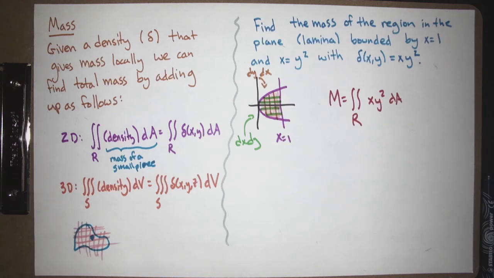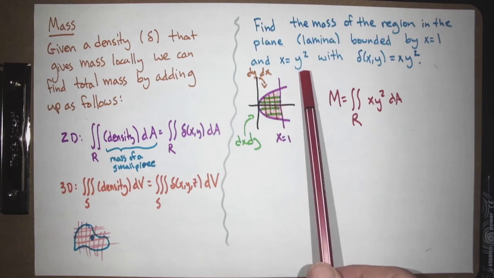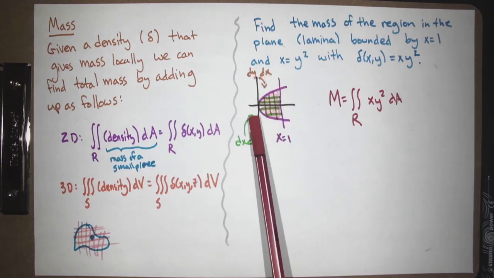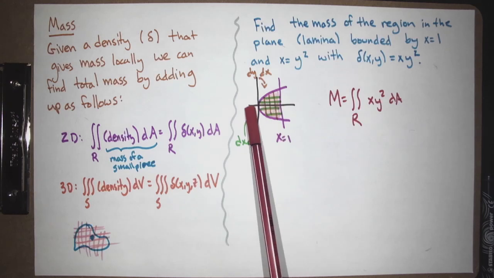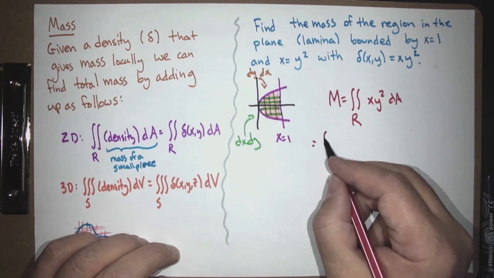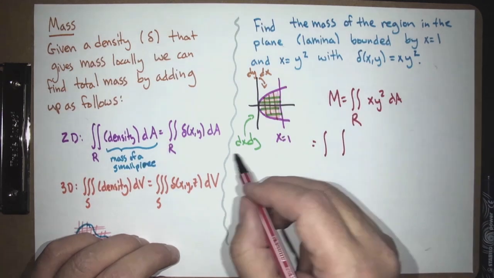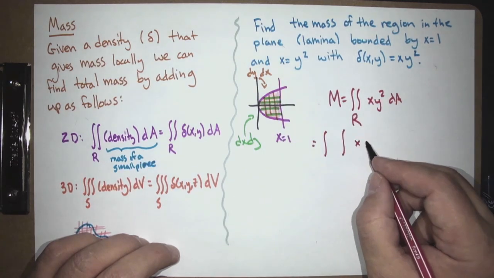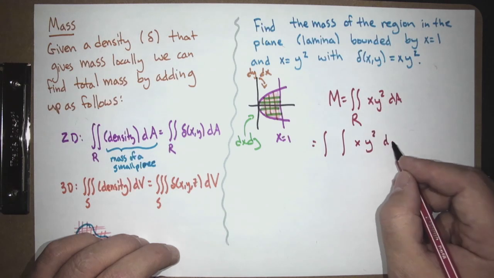Well, I think the nice thing about dx dy is I won't have to deal with square roots. If I have dy dx, I'm going to have to deal with square root of y for the top and minus square root of y for the bottom. So let's do dx dy. Again, if you're like, I'm stubborn, Steve, I'm going to do dy dx, you'll get the same answer. No worries. Okay, so dx dy.